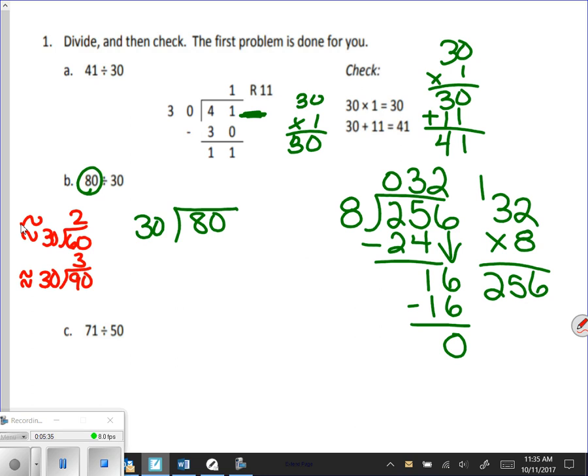Okay, so if I make the 30 a 3, what do I have to do to the 80? Make it an 8. What I do to the outside, I have to do to the inside. That's why I couldn't do it up here. I can't take the 0 off of this because there's no 0 up here.